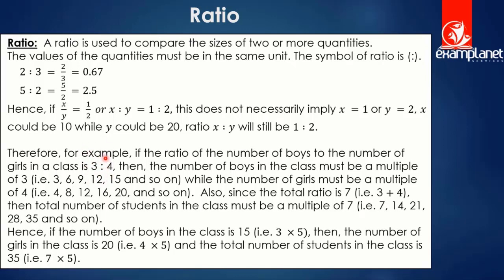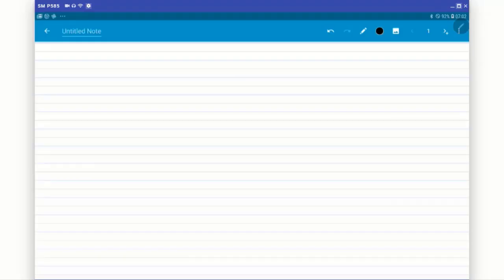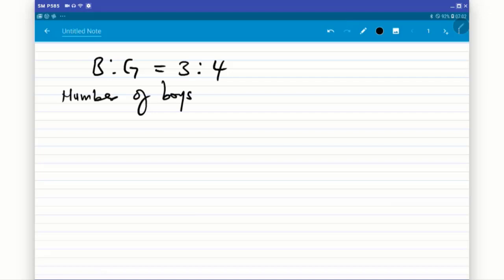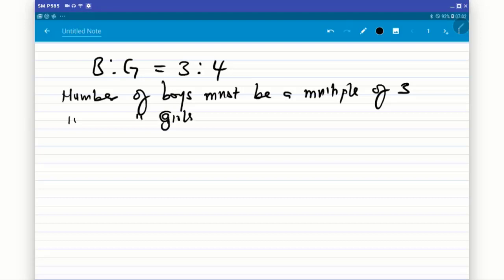Now it means that if we are saying boys to girls is 3 to 4, then the number of boys in the class must be a multiple of 3, and the number of girls must be a multiple of 4.